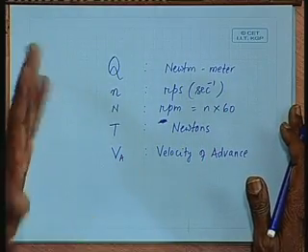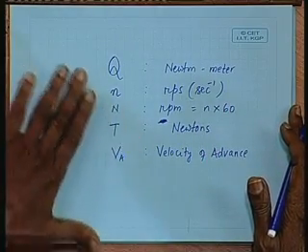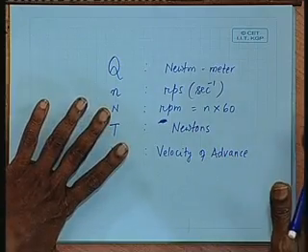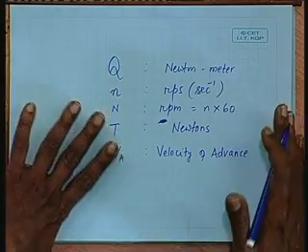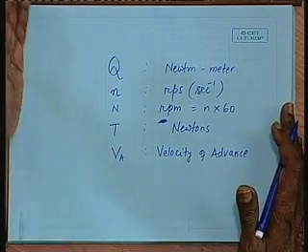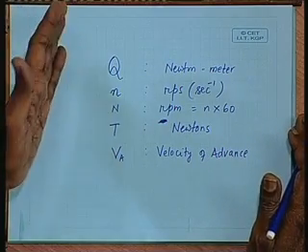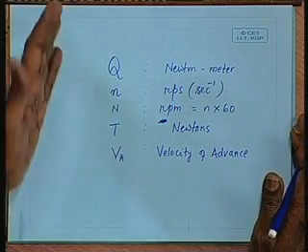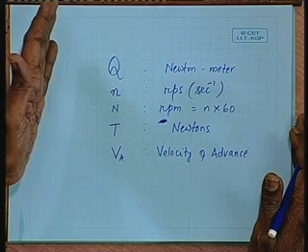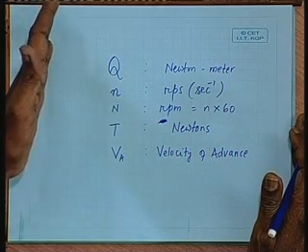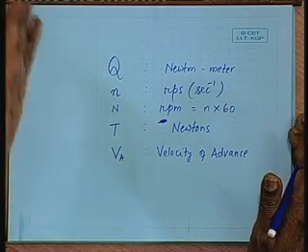If the propeller is working in open water, which we will be seeing, the VA will be equal to the speed of water, whereas if it is working behind the ship, the VA will be the mean velocity of water onto the propeller, which may be less than the ship speed.